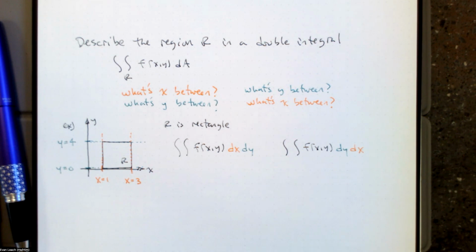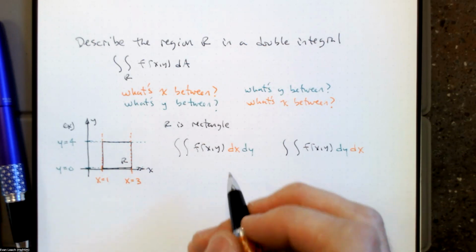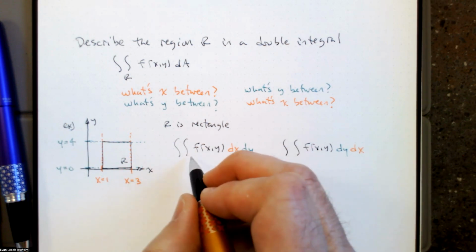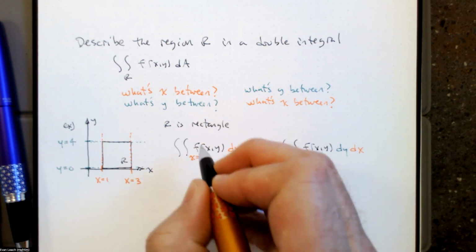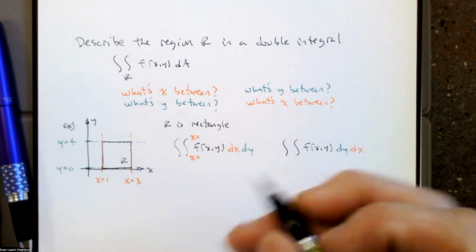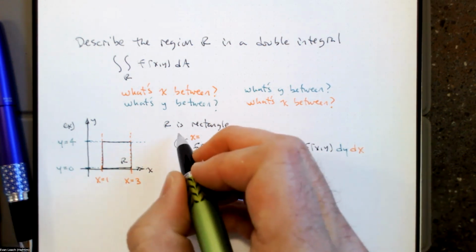In this case, the order that we write dx dy matters as far as how we set up the double integral, because each integral goes with a particular dx or dy. So in the integral dx dy, the first integral closest to the function is our x integral. That's where we're going to describe what x is between. And then since dy is outside, that's our last integral.